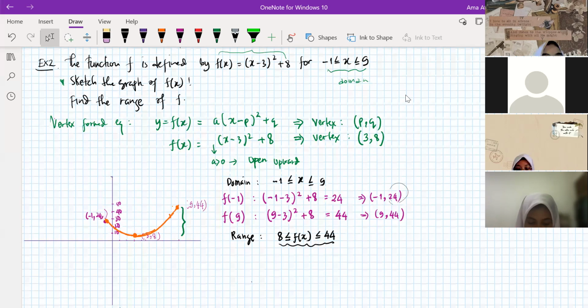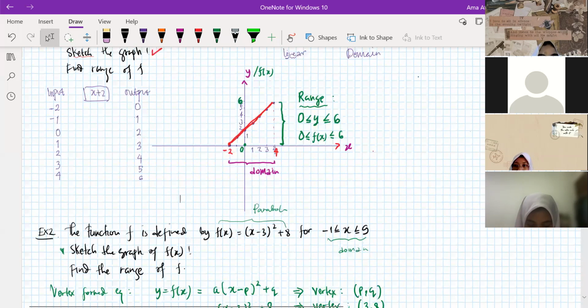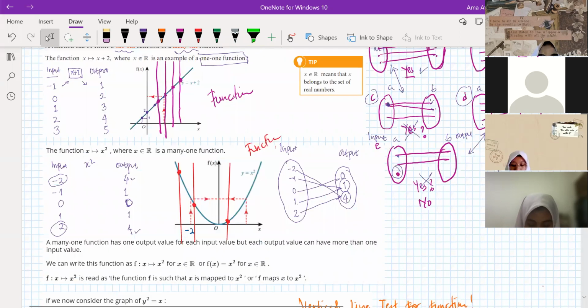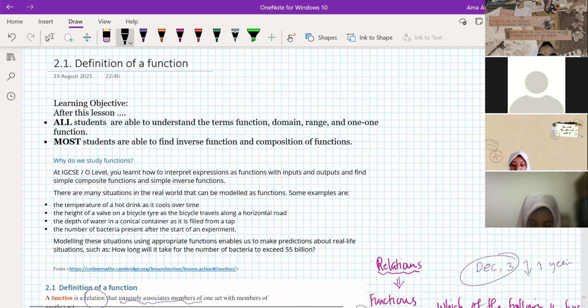Do you have any more questions about this one? If not, we have 1 more minute. I will go back to our objective of today. All students are able to understand the term function.